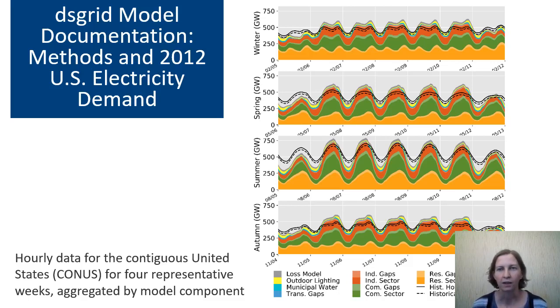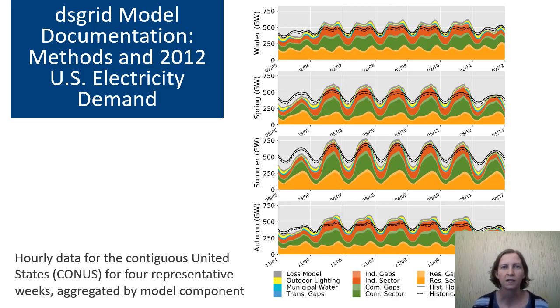And then we can visually compare that to our historical data, which is represented as the black solid and dashed lines, where the dashed line is the historical system load, and the solid line is the historical system load plus our estimate of how much electricity was generated behind the meter by things like distributed PV or combined heat and power plants.